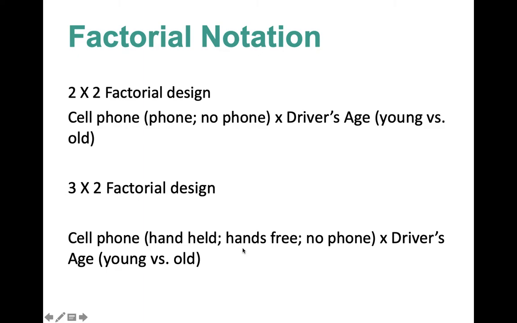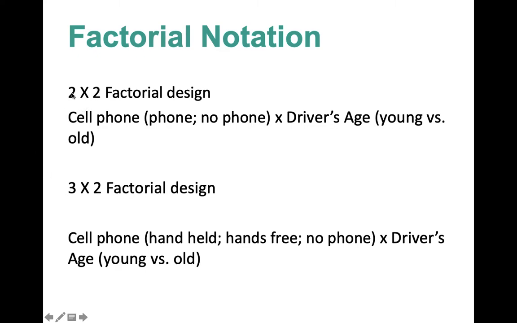In terms of notation, the way that we designate the research design is basically by using this type of notation. And so we've got, in the first case, a 2x2 factorial design, and in the second case, a 3x2 factorial design.